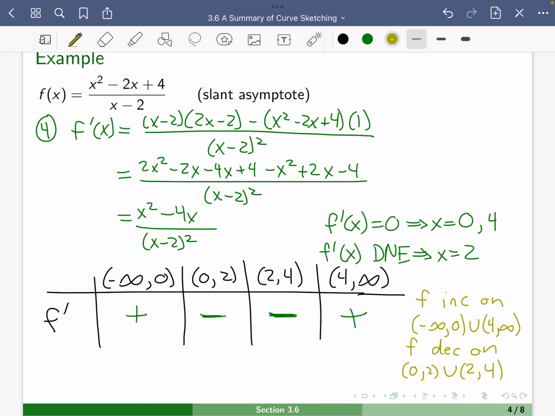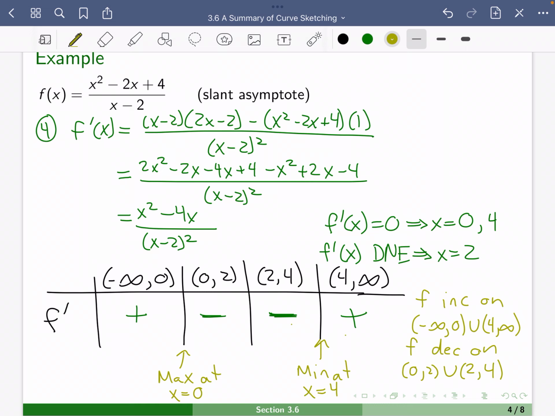We could also observe that we go from increasing to decreasing here, so there is a max at x equals 0. We go from decreasing to increasing at 4, so we have a minimum at x equals 4.